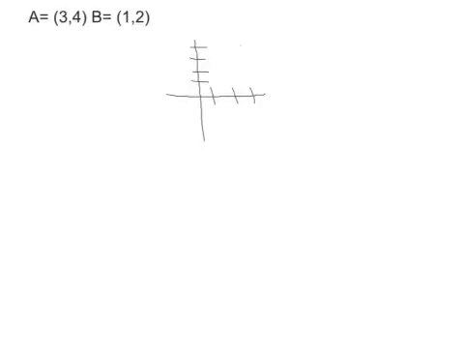So there is A, which is (3, 4), and then we have B, which is (1, 2).